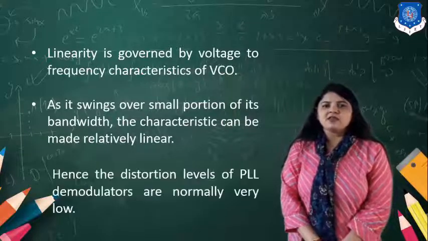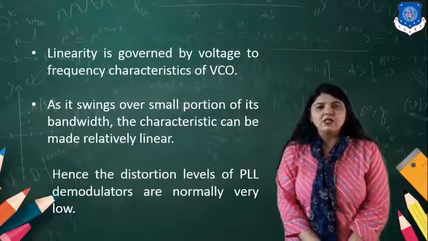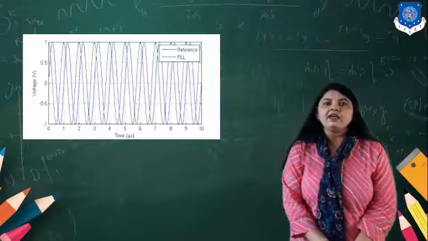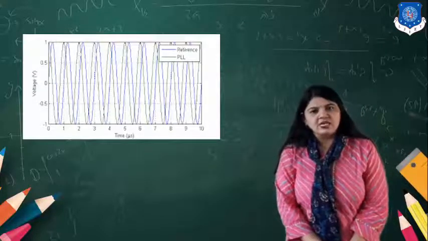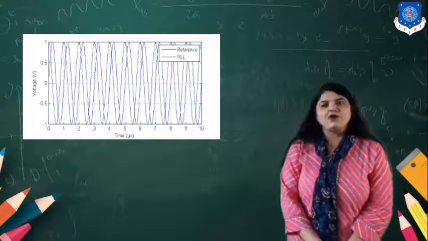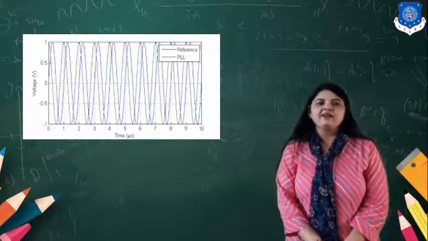Okay, so this way the distortion level of the PLL demodulators is also very low, and we can say that it's the best demodulation method for generating the modulating signal.